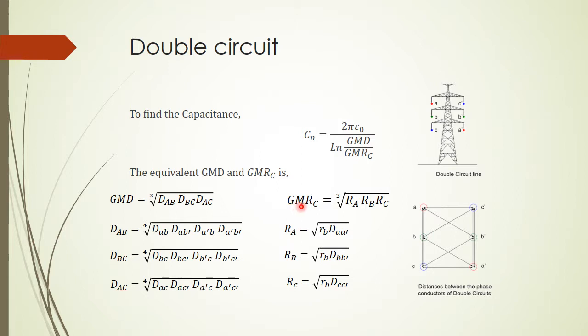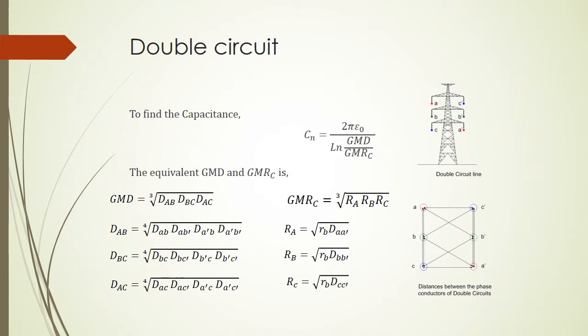How about the GMR? The GMRC here, C stands for capacitance, so that we know it's different from the GMRL, which has the factor of 0.7788. Here we don't have that, so we put C to remind us.